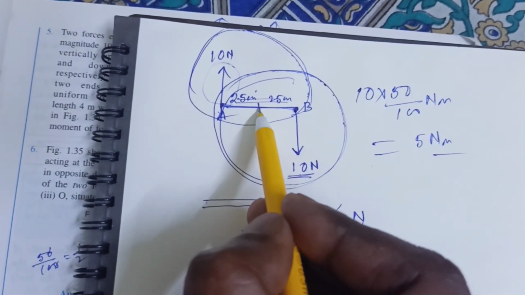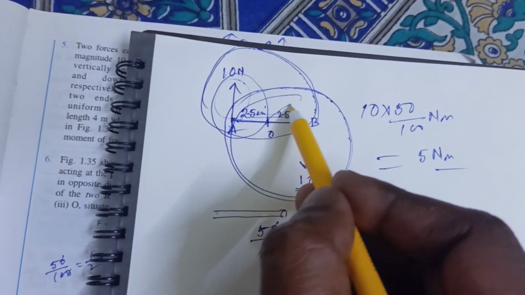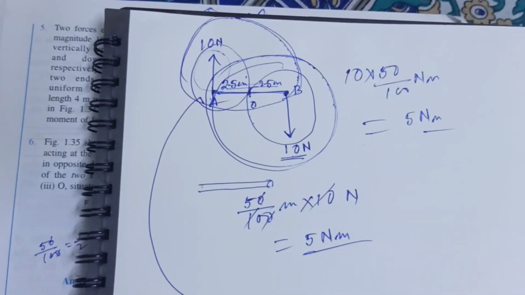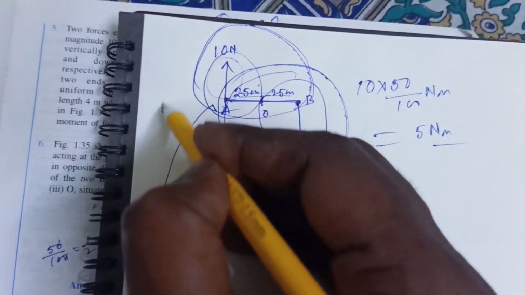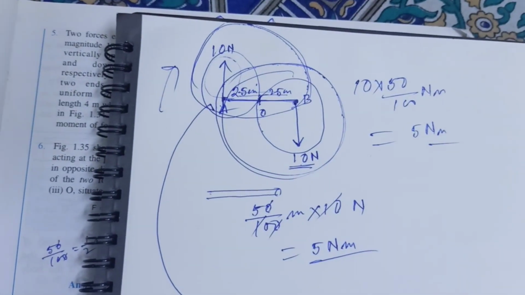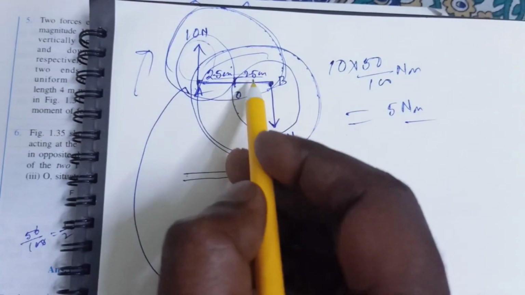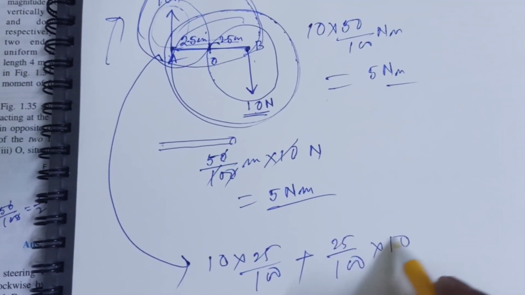But if we calculate the moment about O, then this is one system and this is another system. For that body it is 10 into 25 by 100, in the clockwise sense, and all the moments are clockwise, plus 25 by 100 into 10.